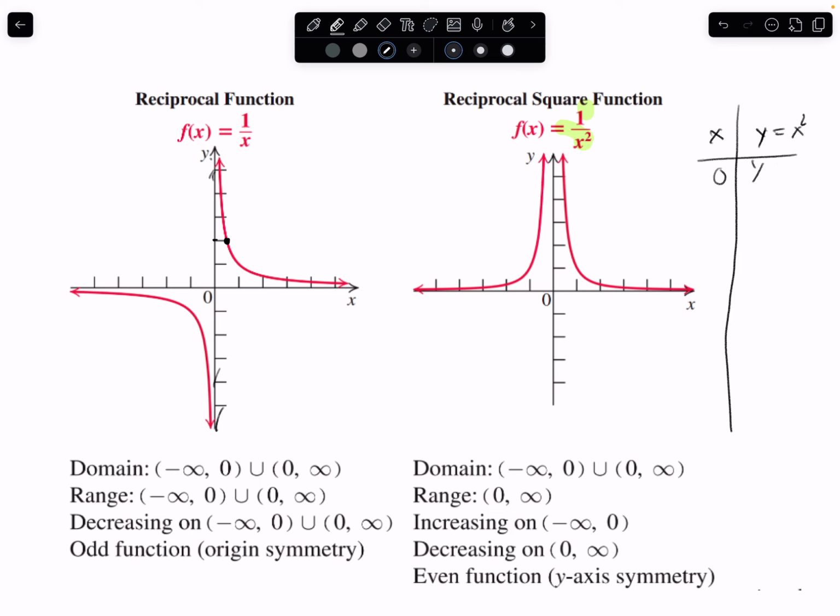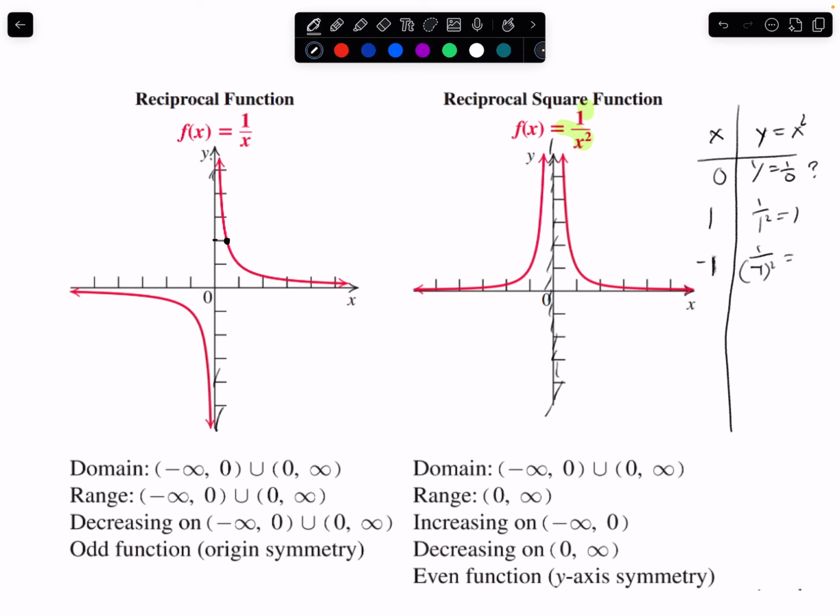0, again, it's 1 over 0 squared, which is 1 over 0, so it's undefined. Again, you got the asymptote right in the middle. If I get 1, it's 1 over 1 squared, which is 1. Negative 1, it's going to be 1 over negative 1 squared, which is still positive 1.